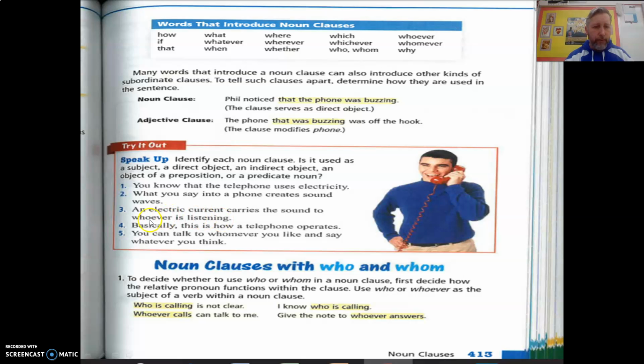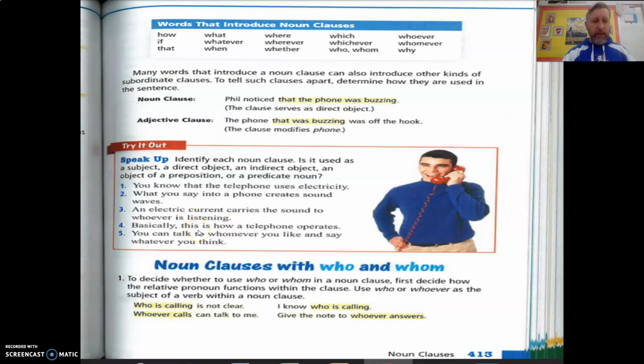All right, so let's look. Oh, whoever, I see. Whoever is listening, okay? And now I see the word to. To, I know, is a preposition. So to whoever is listening. So whoever is listening, noun clause, is an object of the preposition. Look at number 4. Let's see, scan. Oh, I see how. So how a telephone operates must be the noun clause.